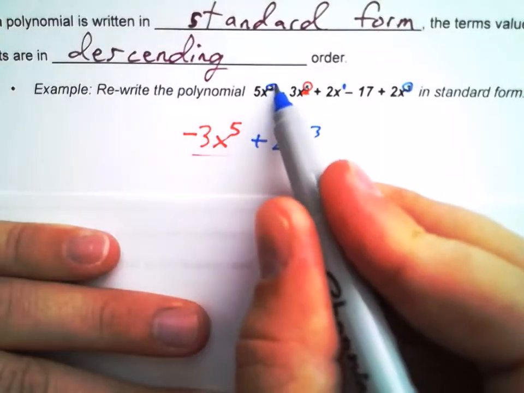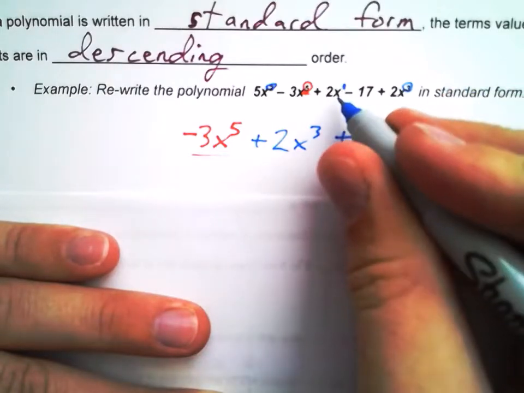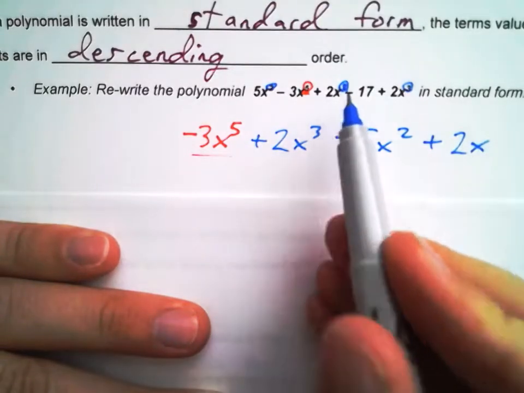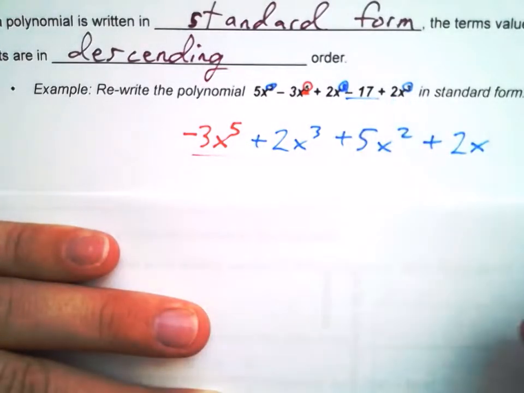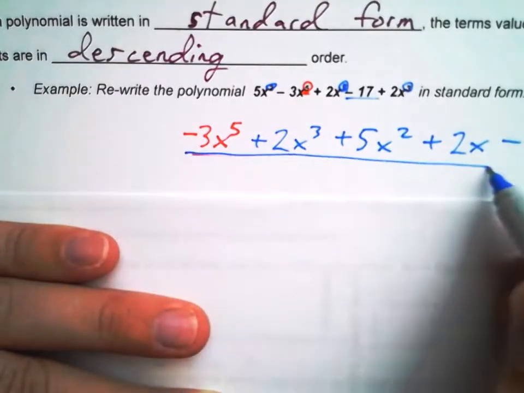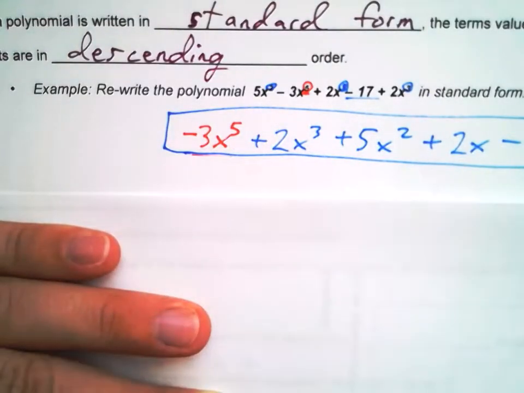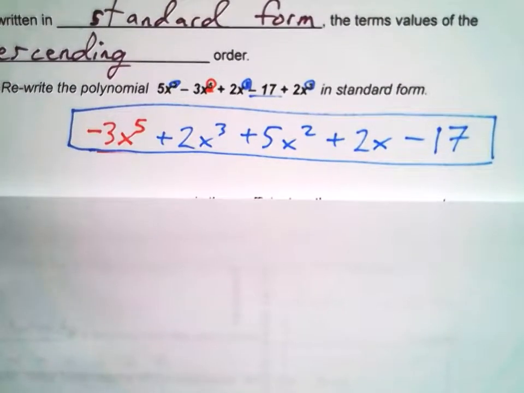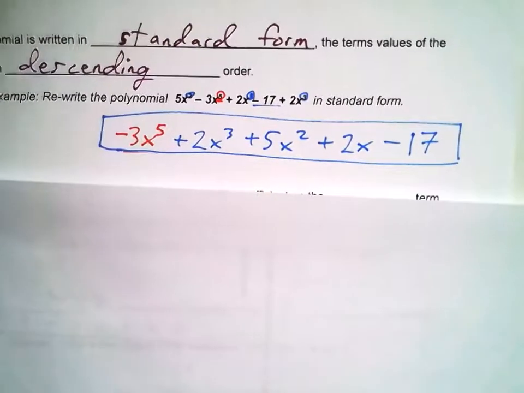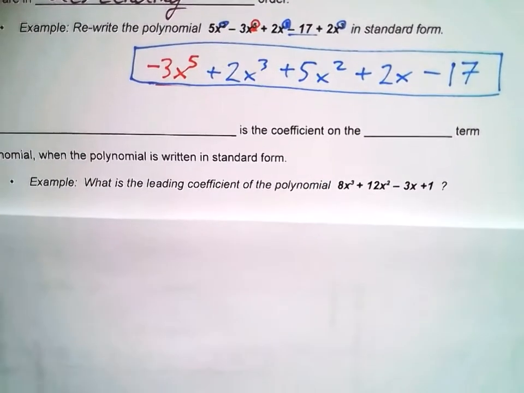Then x squared is the next biggest. Then 2x, which is actually x to the 1st, and the constant term will go at the end. So we just rewrite that biggest power down to the smallest, the constant term. Sorry, you couldn't see the last part for a second. So, biggest power to the smallest, all in order.